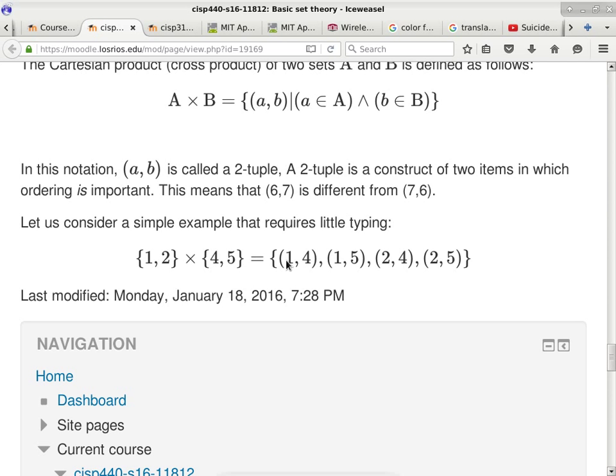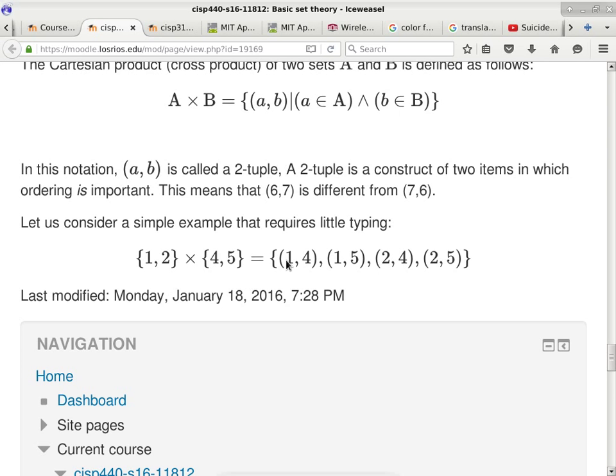Okay. So the Cartesian product looks kind of funky, and who would need to use anything like that? As it turns out, it is going to be very, very useful later on. Because when we talk about functions, a function is actually a set of tuples, and as a result, you can look at it as a subset of the Cartesian product between the domain and the codomain.